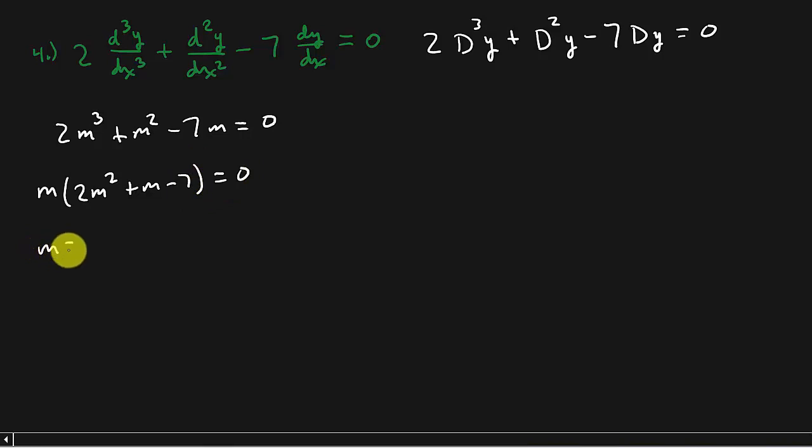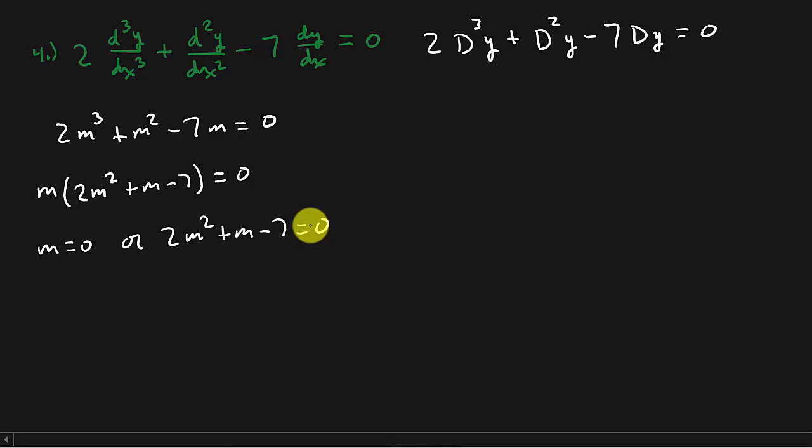So I get m equals 0, or 2m squared plus m minus 7 equals 0. So I do get a solution of m equals 0. And so now I've got to solve this. You notice this doesn't factor, so we'll use the quadratic formula.